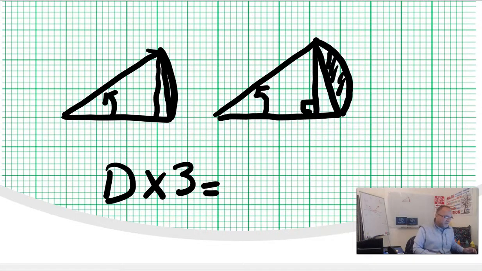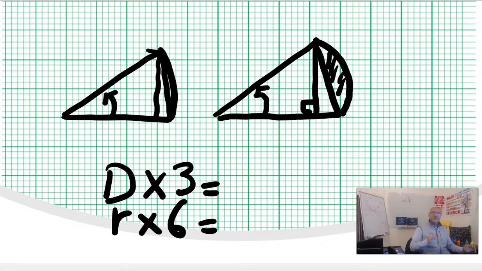And if you do the radius times 6, you also won't cover the whole circumference. So you won't be able to make a circle, basically. You need just a tiny bit more than 3 with the diameter to cover the whole circumference and make the circle perfect. And you need just a tiny little bit more than 6 times the radius to make this curve perfect and everything proportional in this curve.